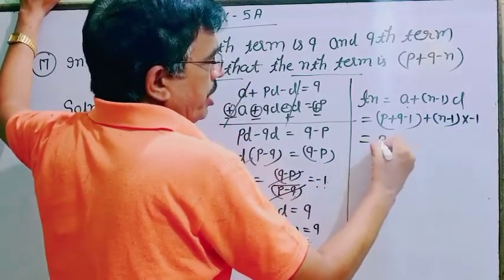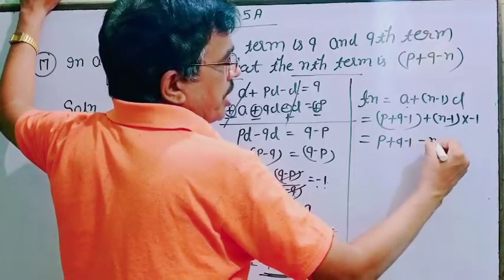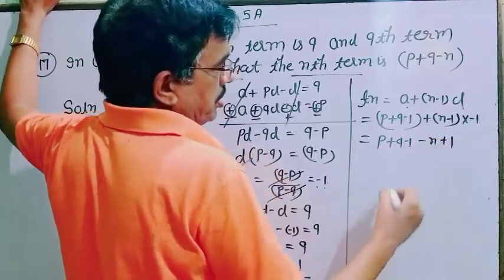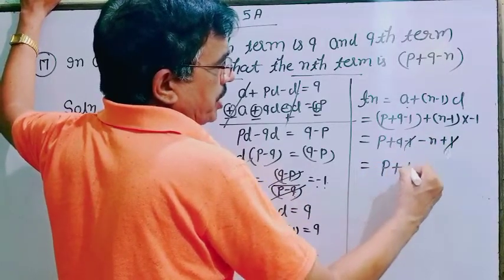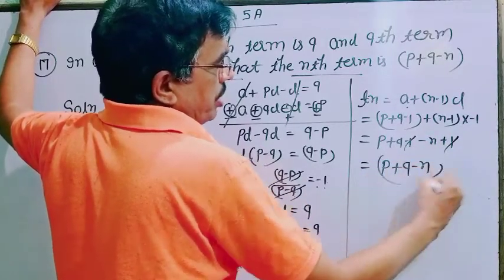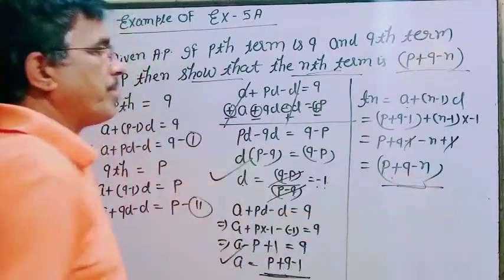So what you write here? You write p plus q minus 1 and minus n plus 1. So this plus 1 and minus 1 cancel. So we get p plus q minus n. It is your solution, that is your nth term is p plus q minus n.